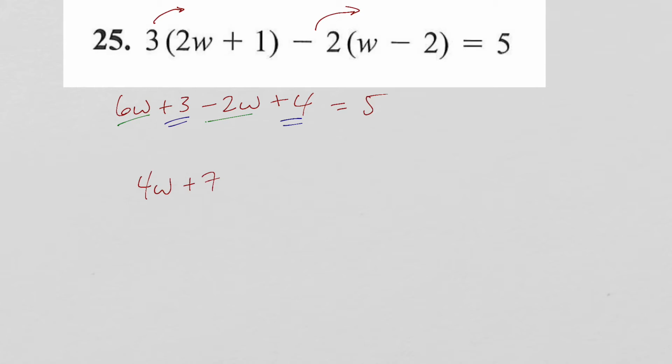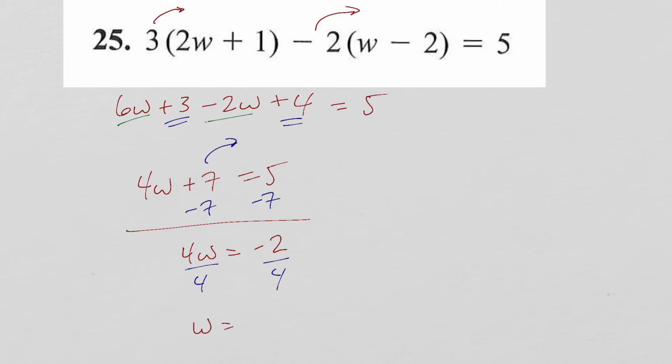That's a plus 7. I'll move my 7 over to the right by subtracting it from each side. 5 minus 7 is negative 2. And finally, I'm going to divide by 4 on each side. And I'm going to get w is equal to negative 2 over 4, which reduces to negative 1 over 2.